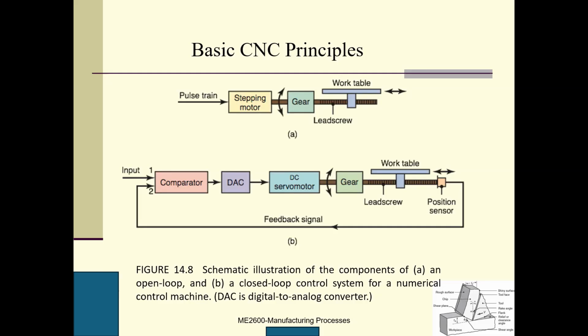Error zero means the actual position of the target and the desired position become the same, which means the warhead hits the target. So that's the closed loop. Closed loop has feedback to make sure of this.